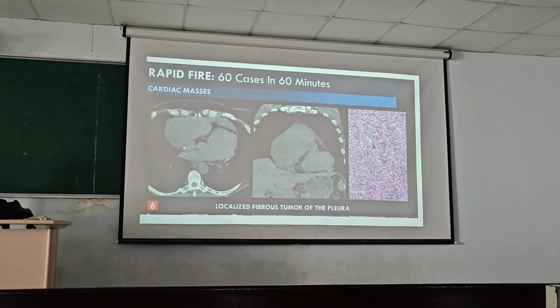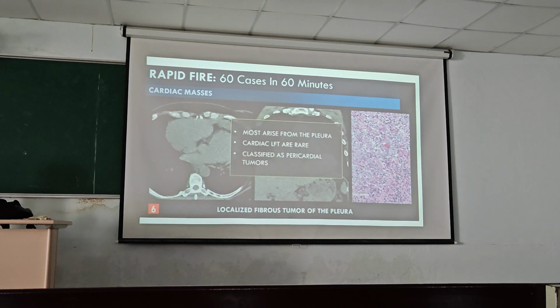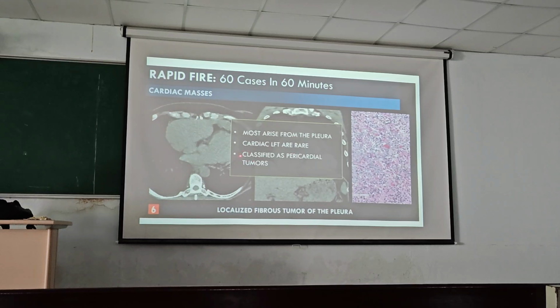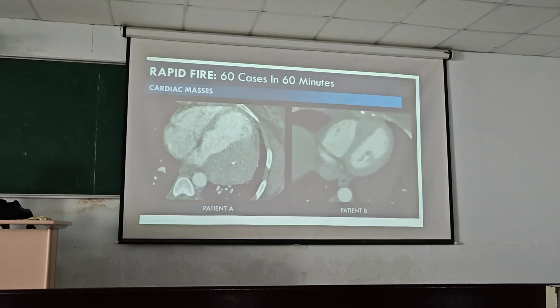So the pleura, you know, lines the mediastinal contour, right? So this is a localized fibrous tumor of the pleura in the mediastinum. They arise from the pleura. Next one.